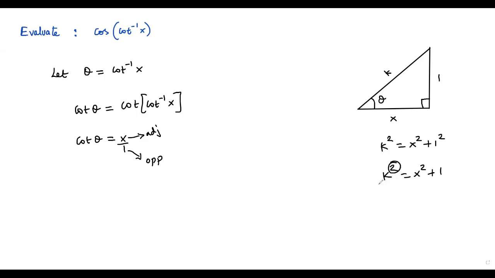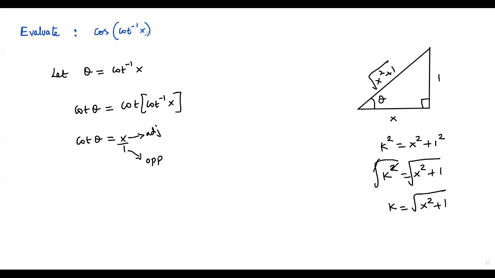Now to get rid of the square over here, I'm taking the square root on both sides. When I do so, the square will cancel out. I get k equals square root of x squared plus 1. So the length of the hypotenuse is square root of x squared plus 1. Let me write it.